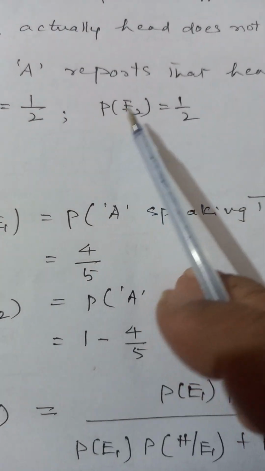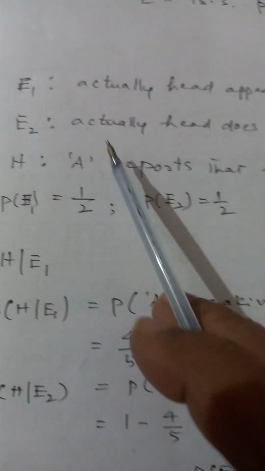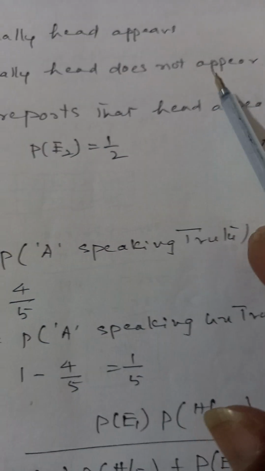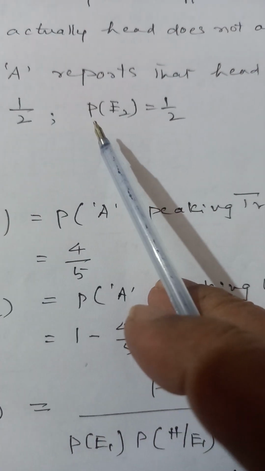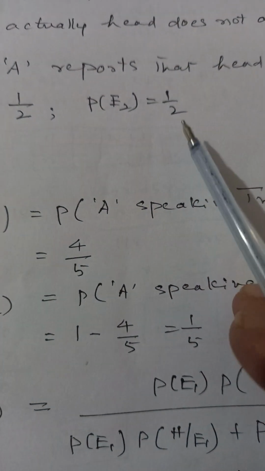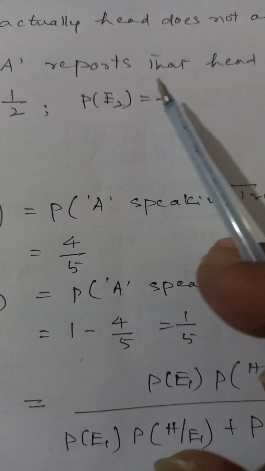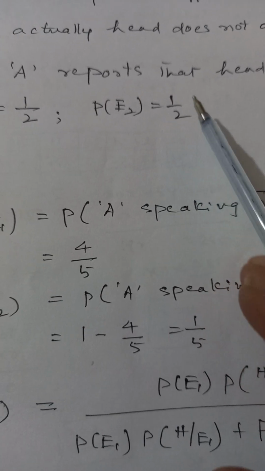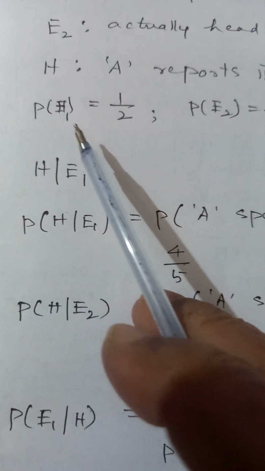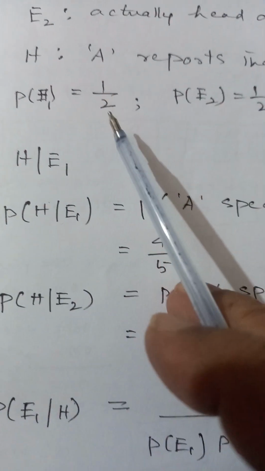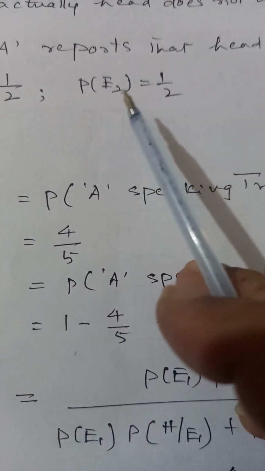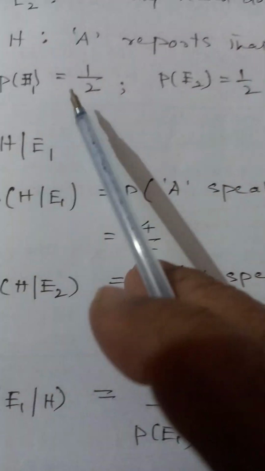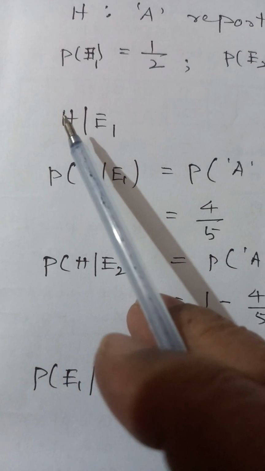The probability of head not showing up, see, E2 actually head does not appear, is also half. So that is a known thing. When a coin is tossed, the probability of head showing up is half. The probability of head not showing up is also half. So this we know.